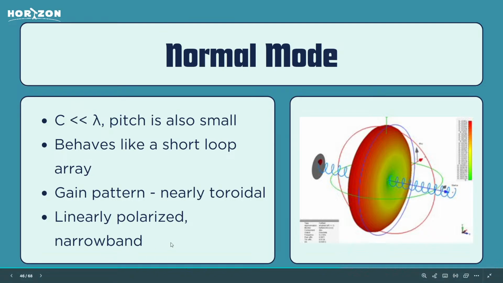In this case, the currents in all the turns are nearly in phase, and it behaves like a short loop array. As you can see from the figure, the gain pattern is nearly toroidal, and it produces linearly polarized light, and it is a narrowband antenna.